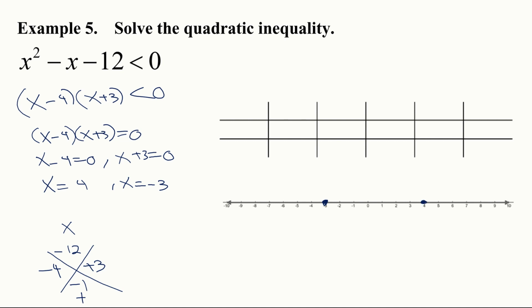What we need to do is find out how this inequality behaves in all three of these regions: the one to the left of negative 3, between negative 3 and 4, and to the right of 4. We know what happens at negative 3 and 4. At negative 3 or 4, this product becomes 0, so we'll put those in our table too, just out of interest.